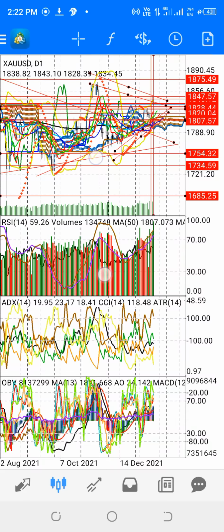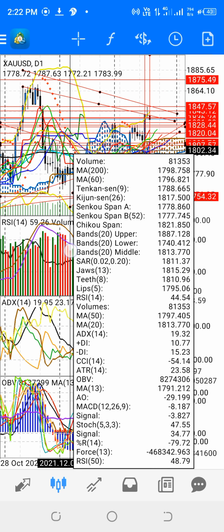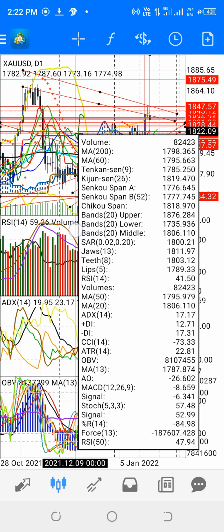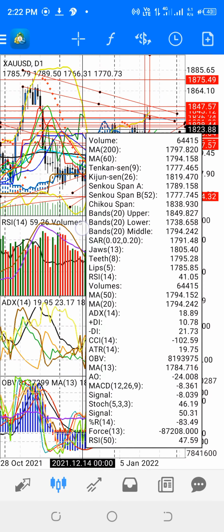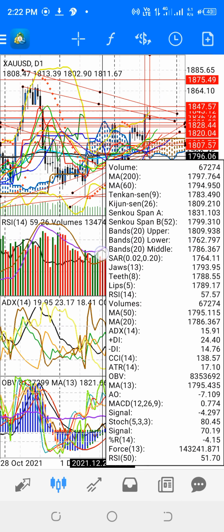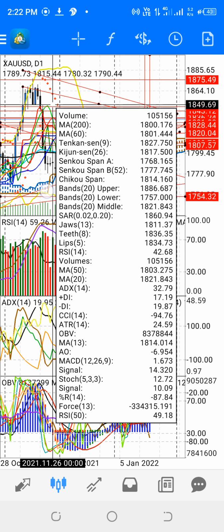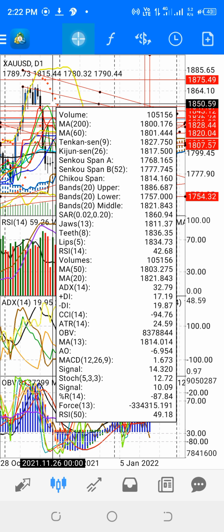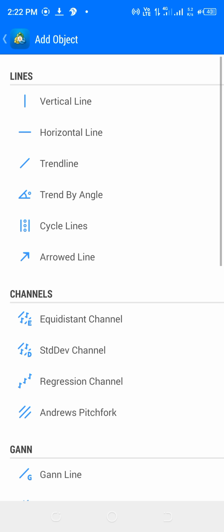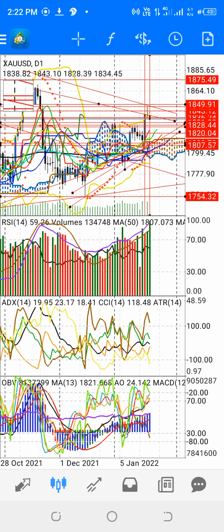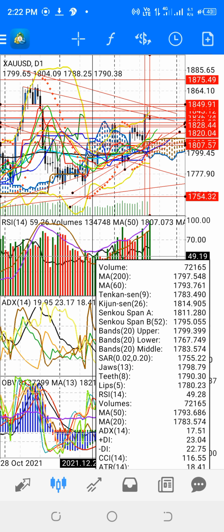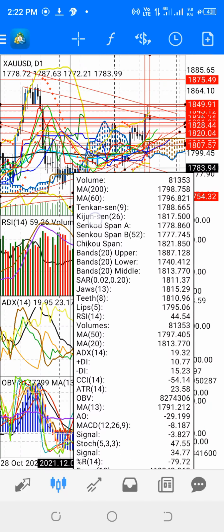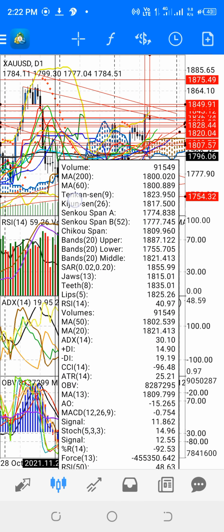It will reach upward, but it may drop a little bit. The price will fall here, and then set your take profit until here, and make your stop loss below this.